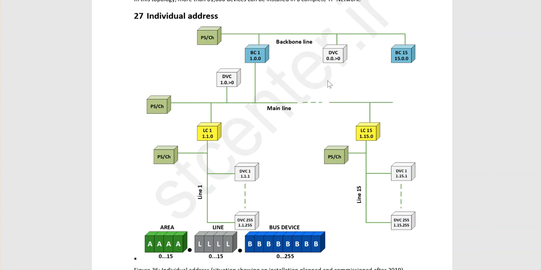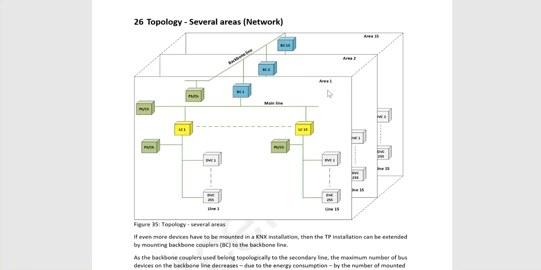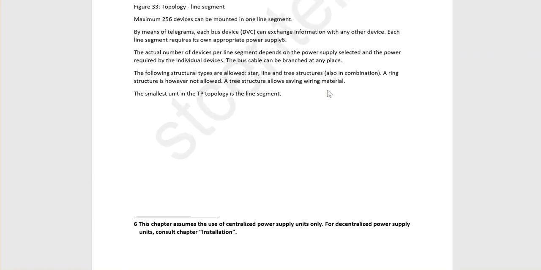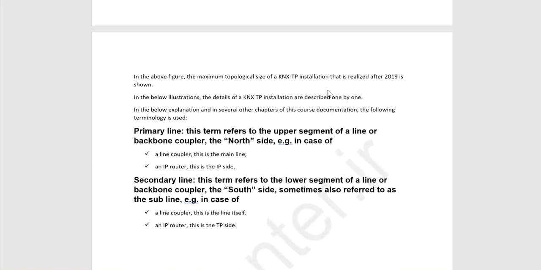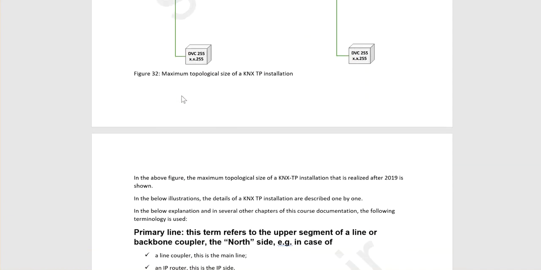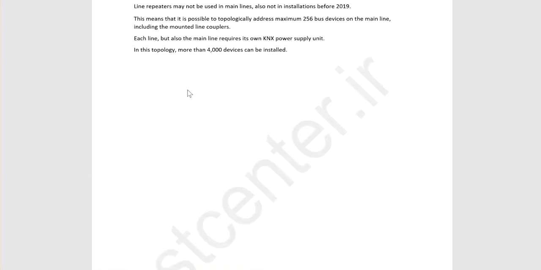So 0.0.20 means some device is located in a backbone line. So it is interesting. Always you can come to this picture and see this x.0.0, x.x.0 or x.x.1. These can show you how the address can change according to the position in a topology.